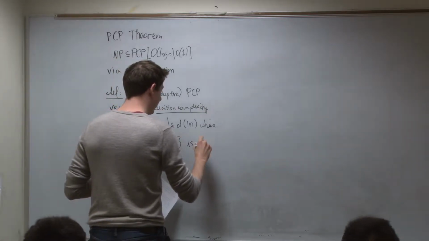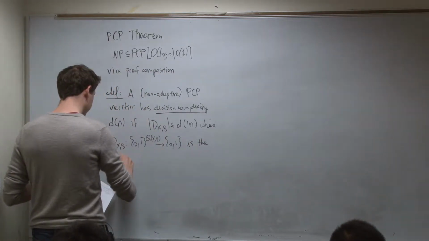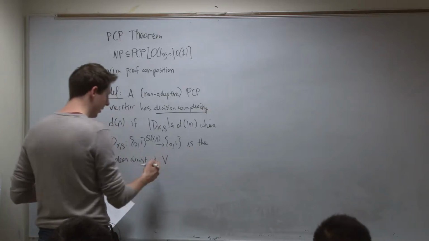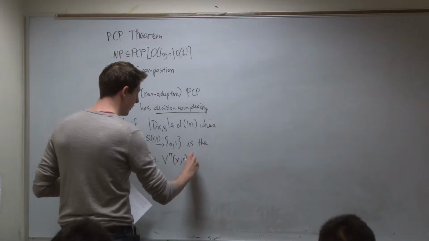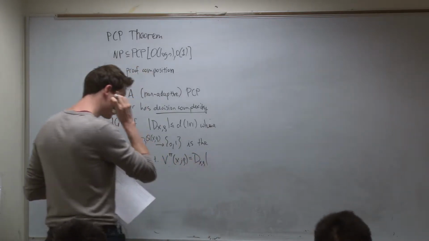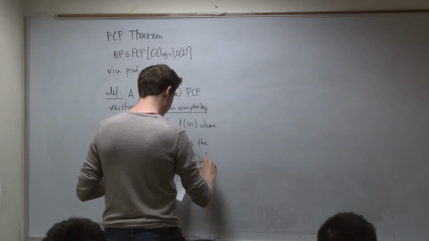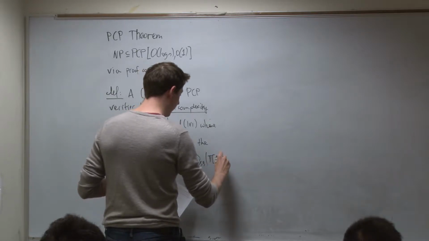This is the Boolean circuit such that we can view the verifier on input x and randomness rho as basically running this circuit on whatever the proof says at these locations.